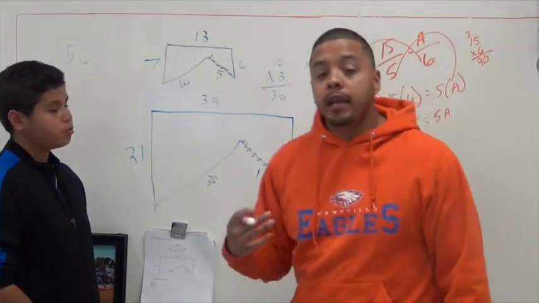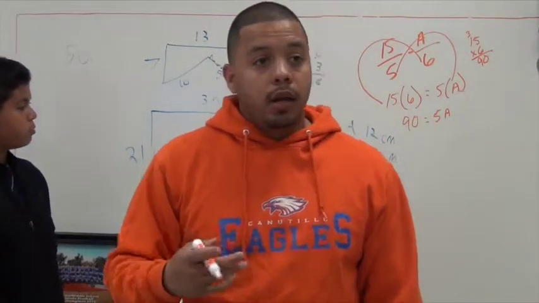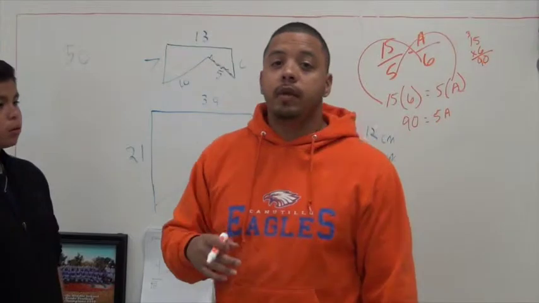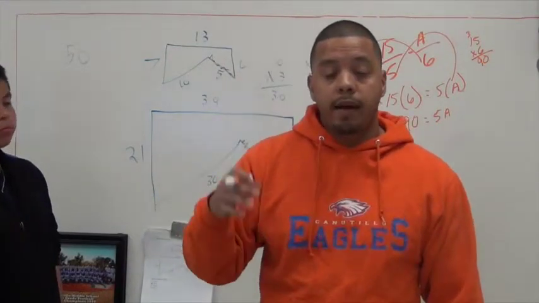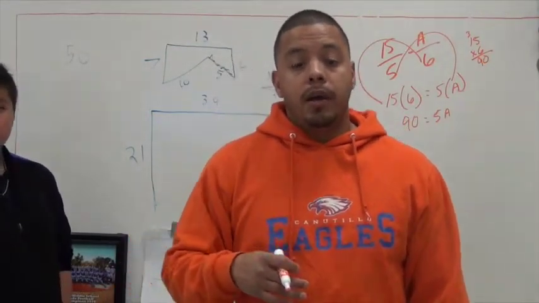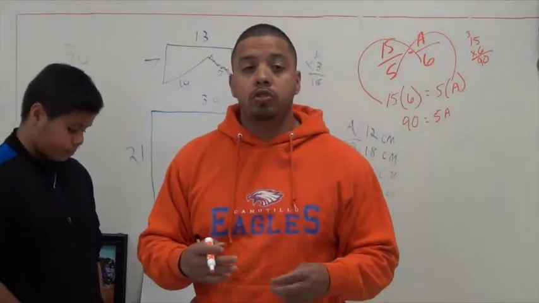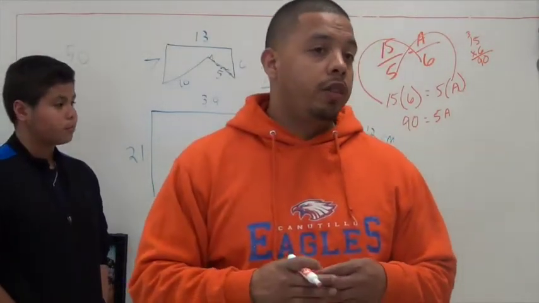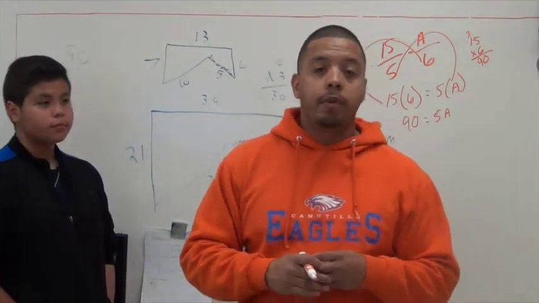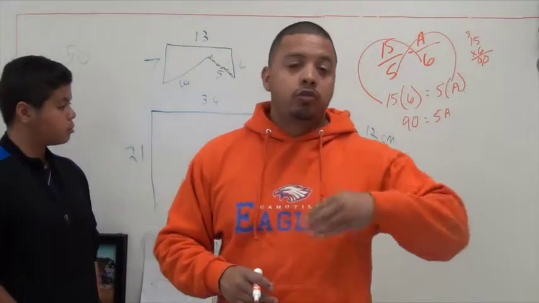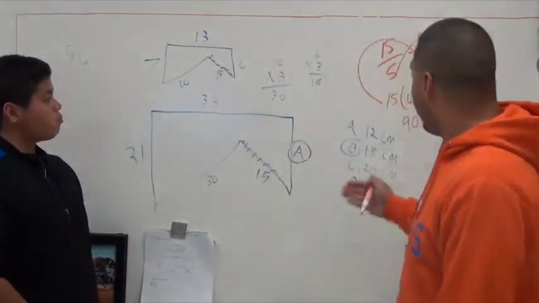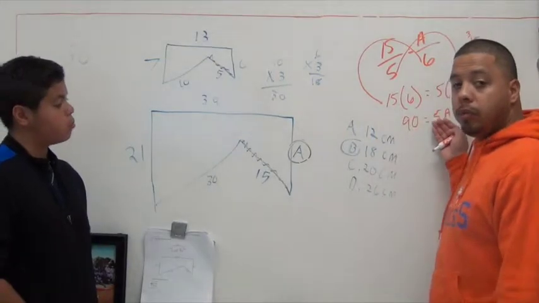Now I end up with an equation, and again, equations were some of those things that we did in semester 1, but definitely we have to keep practicing. And like I told you, with an equation, in order to solve for the missing quantity or the missing variable, you have to do the opposite operation to isolate the variable. So in this case, what would be the opposite of multiplying times 5?